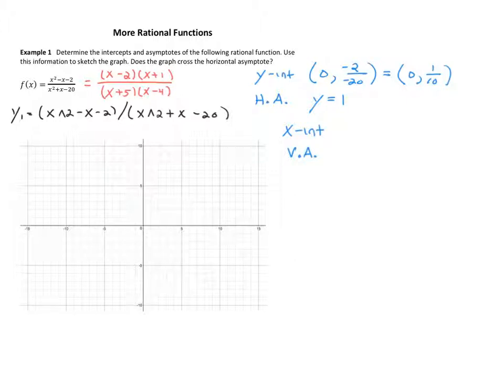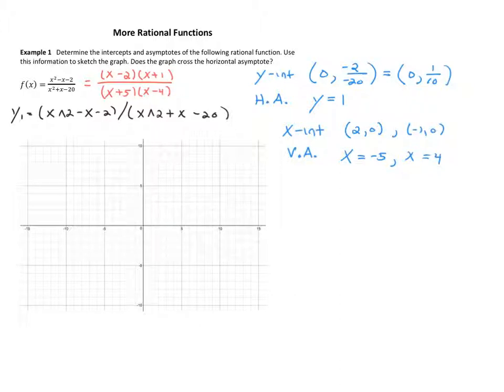These points are x-intercepts. That was 2, 0, and also -1, 0. And the vertical asymptotes are going to come from where the denominator is 0, which is x is equal to -5, and also x is equal to +4. I'm going to take all this information, put it on this graph, and sketch my equation around it.